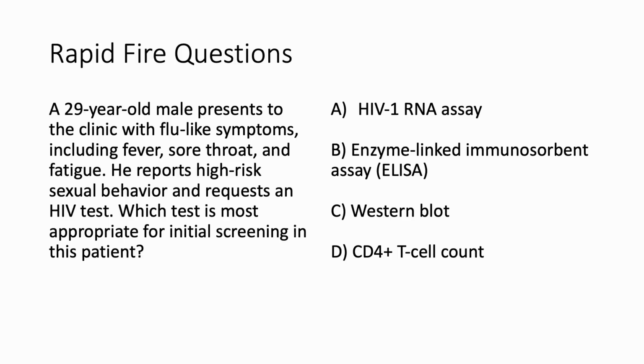Which test is the most appropriate for initial screening in this patient? HIV-1 RNA assay, ELISA, Western blot, or CD4 T cell count? The correct answer is HIV-1 RNA, since the patient is exhibiting a strong clinical suspicion of acute HIV infection.